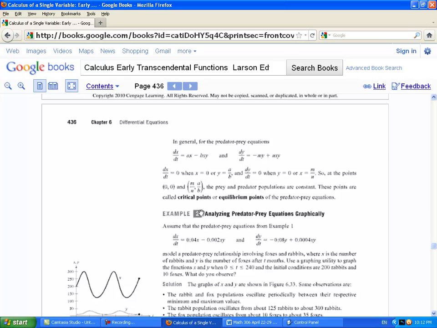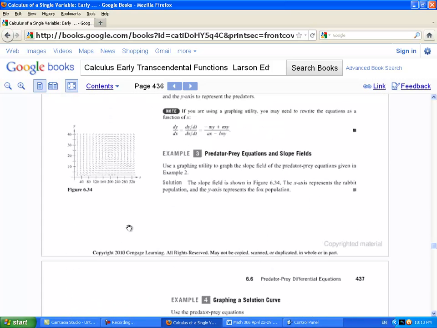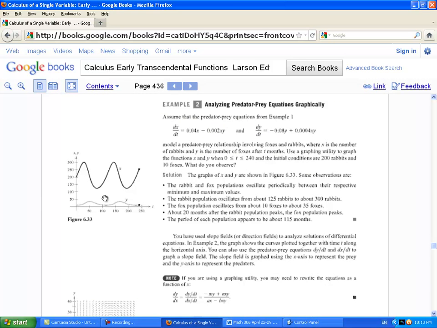Okay. All right, so let's go back to that particular example, the dx/dt, dy/dt. And this can't be solved exactly. Usually it's solved numerically. And over here on the right, we have a solution. This top curve here that's labeled x represents the population of rabbits. This bottom curve y represents the population of foxes.